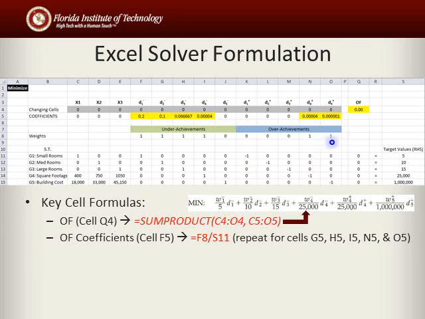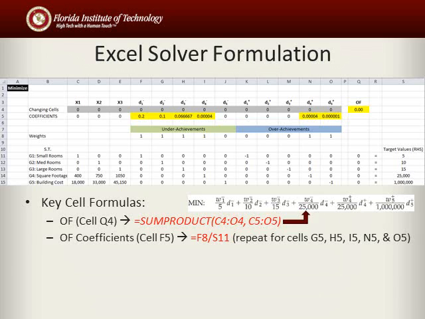And the deviational variables d4 plus and d5 plus, which are included in the objective function, also have weights of 1, because we're initiating a solution approach by setting every weight equal to 1.